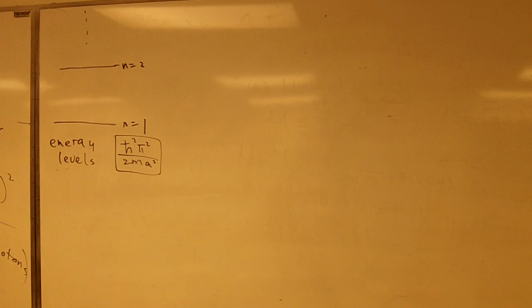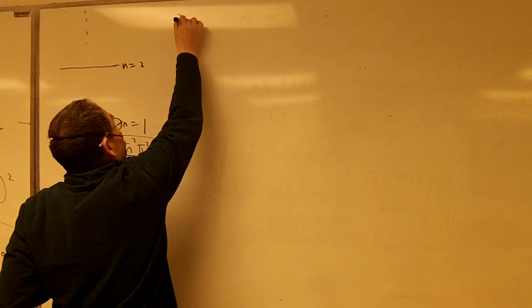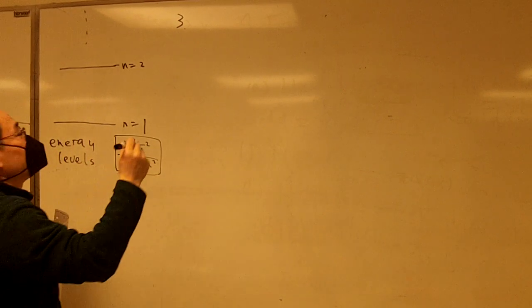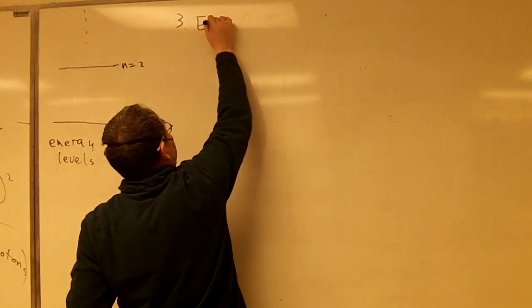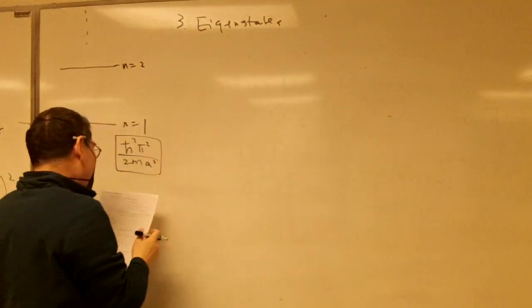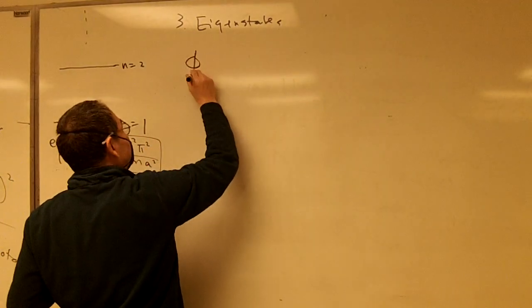So let me summarize what we got so far. We solved the Schrödinger equation, and then we got the eigenenergy. Now, what we are interested in, we move on to the wave function. These are eigenstates. These are the wave functions which we will have. Let me write down the phi here.